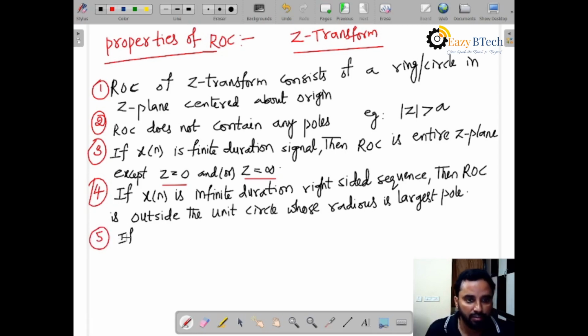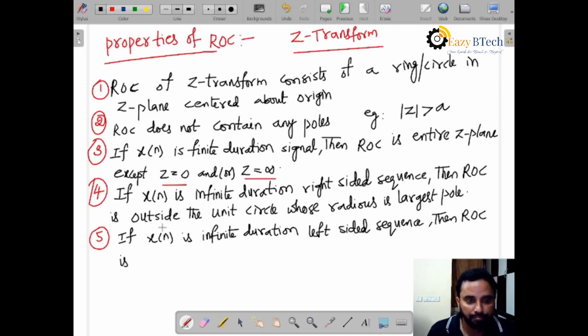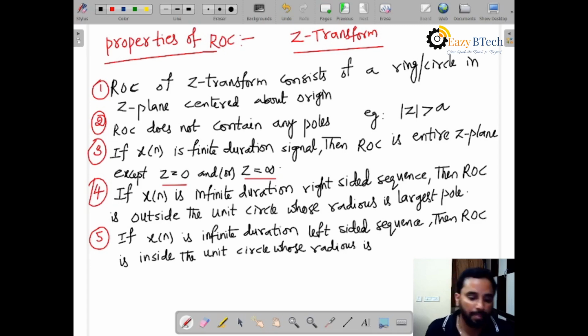If x of n is an infinite duration left-sided sequence, then ROC is inside the circle, and whose radius is the smallest pole.